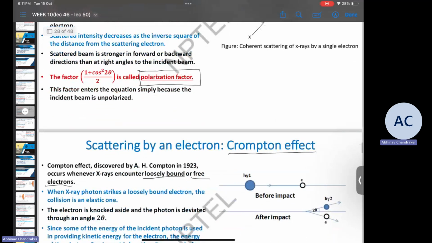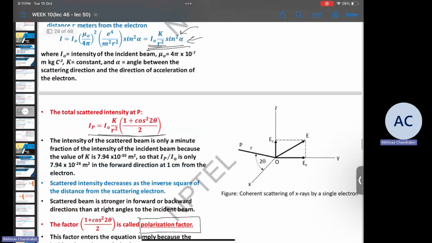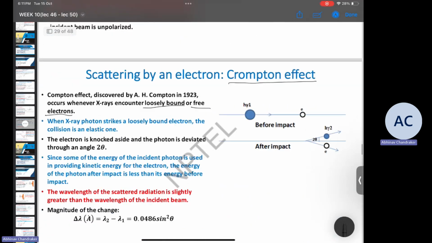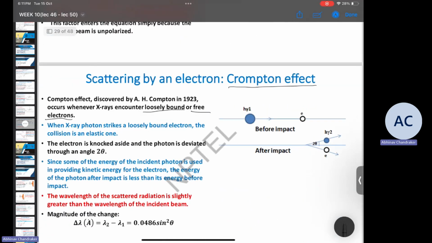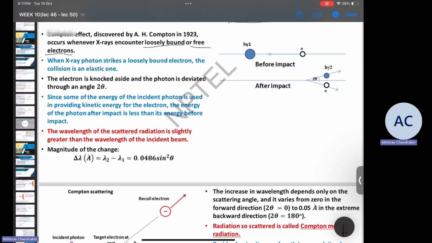And this was the Thomson effect. Also, since the electrons are tightly bound, all the scattering which occurs will be coherent. While in case of the Compton effect, which involves electrons which are not tightly bound, they are either loosely bound or free electrons. So in this case, the scattering will be incoherent.